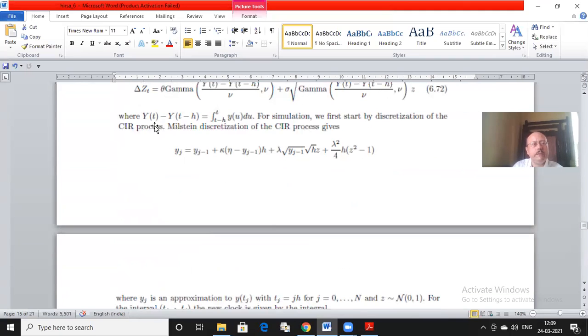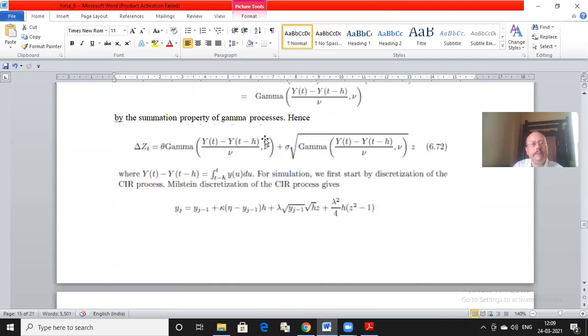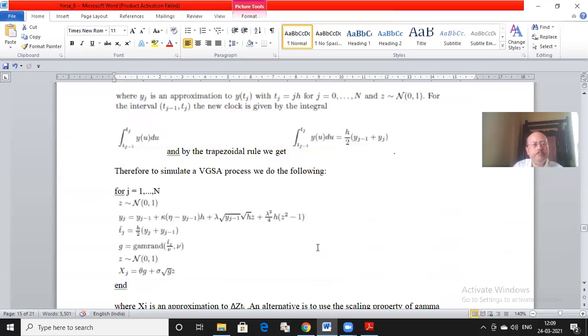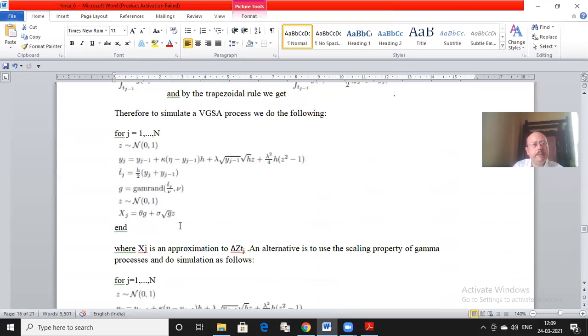Remember, tj hat is notation for yt minus h. So that will go in here as the numerator of the first parameter, alpha. So the gamma random variable will be generated using tj by nu, comma nu. Z is normal. So xj will be given by theta g plus sigma square root of g times z.